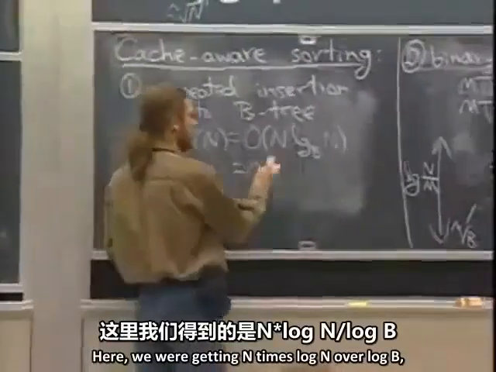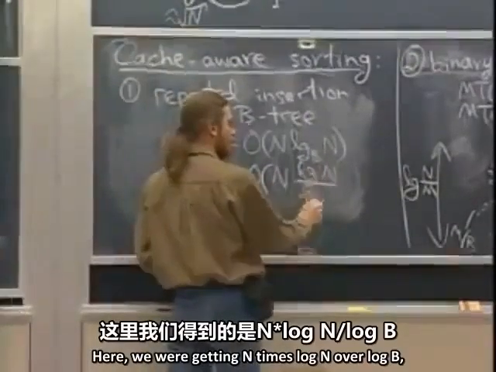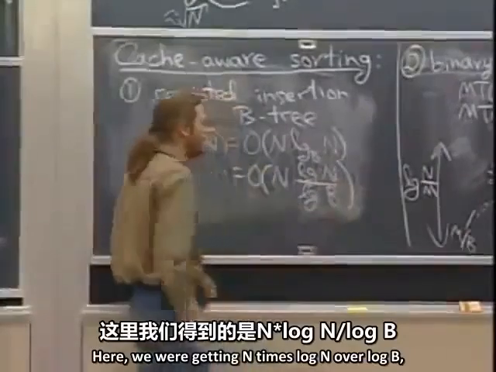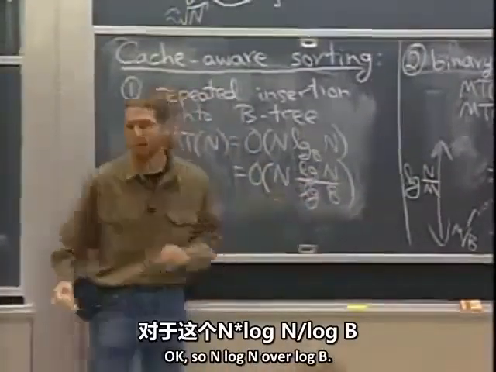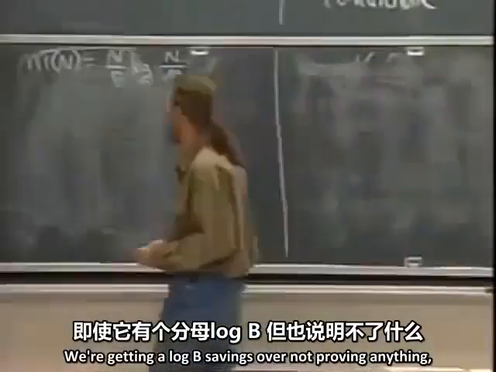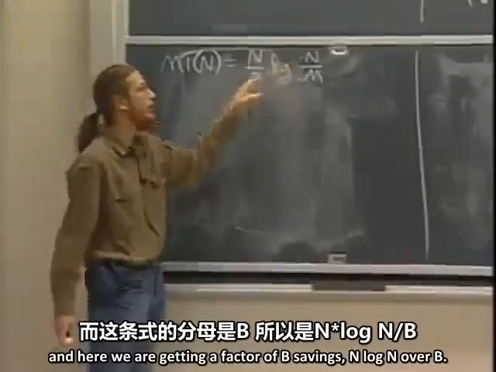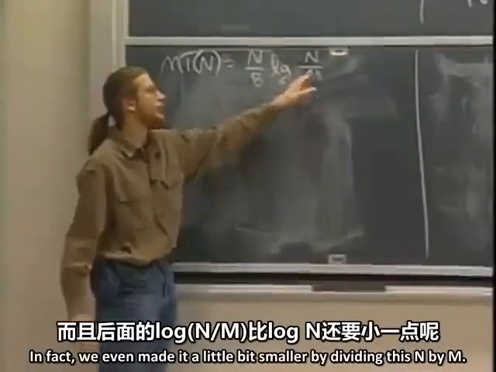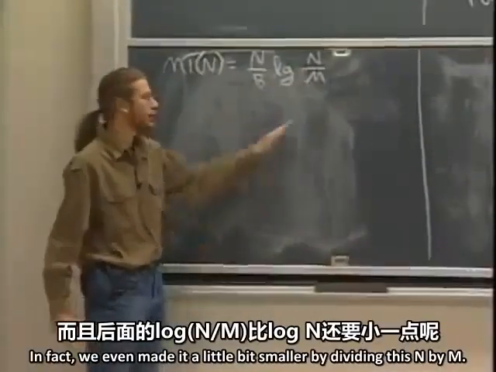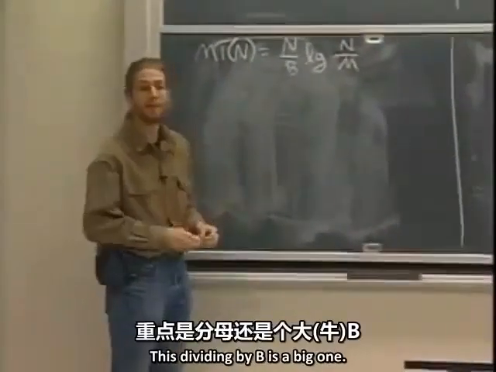Here, we were getting n times log n over log b. So n log n over log b. We're getting a log b savings over not proving anything. And here, we're getting a factor of b savings, n log n over b. In fact, we even made it a little bit smaller by dividing this n by m. That doesn't matter too much. But this dividing by b is a big win.